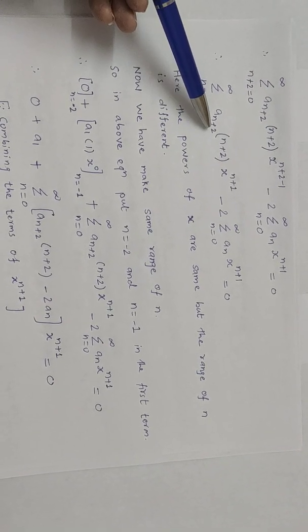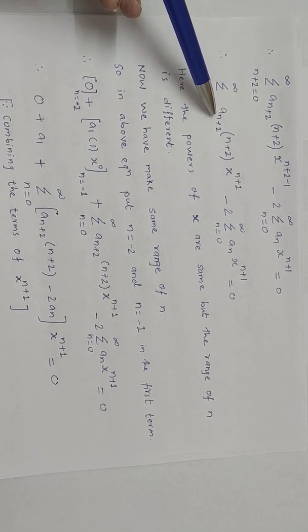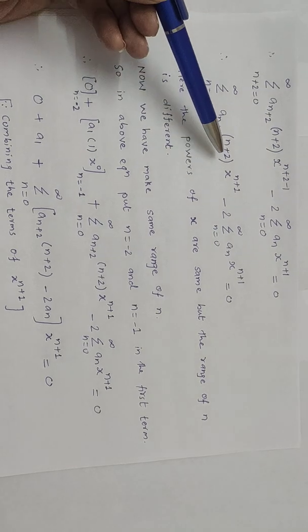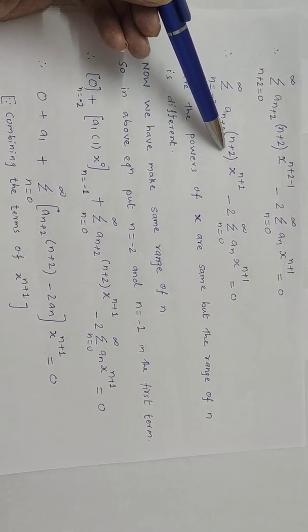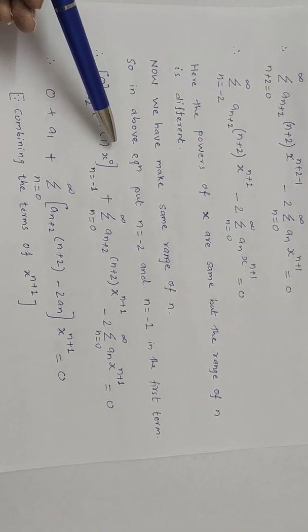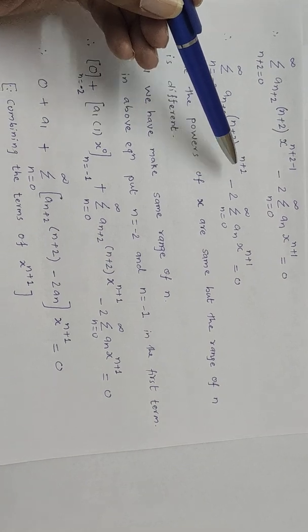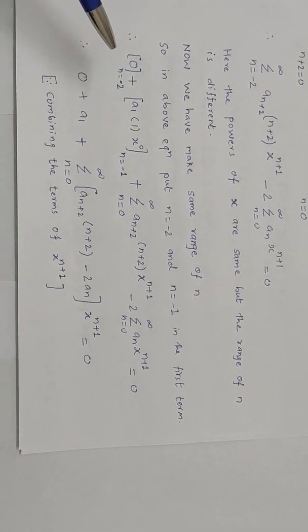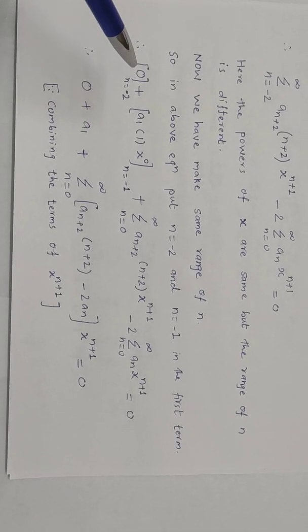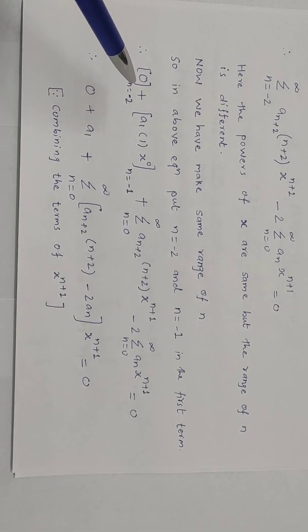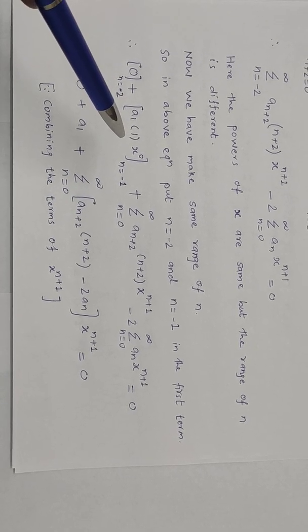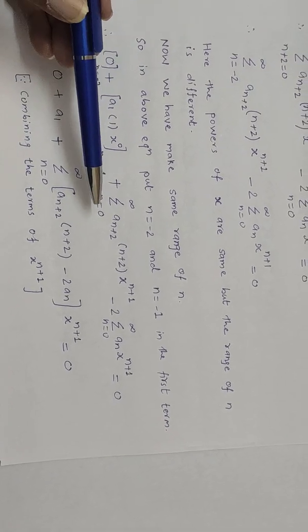So it will become -1 plus 2, so the result is a1. And then -1 plus 1, the result is 0, so it will become x raised to 0. So this is the term for n equals -2, and this is the term for n equals -1.